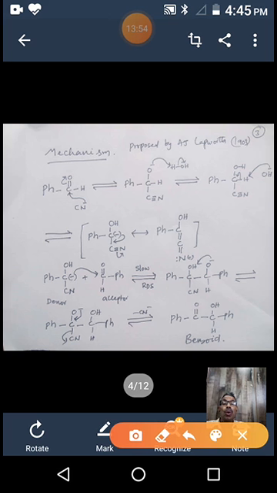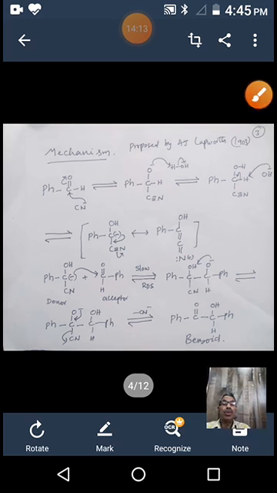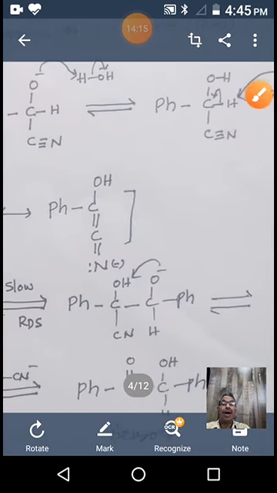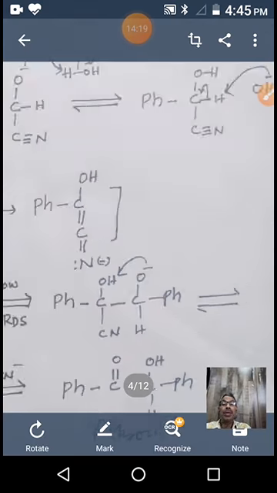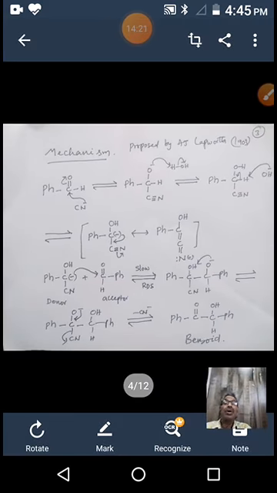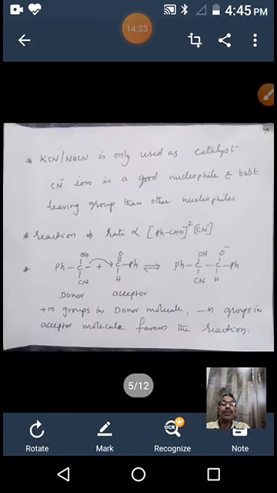The donor molecule acts as a carbanion, and the acceptor molecule acts as an electrophilic center. That's why the reaction proceeds in such a manner to give benzoin, an alpha hydroxy ketone. This is the reaction mechanism for the benzoin reaction.